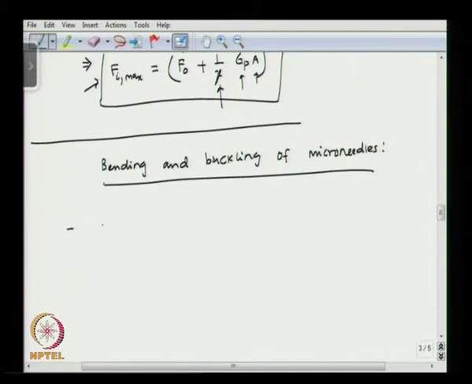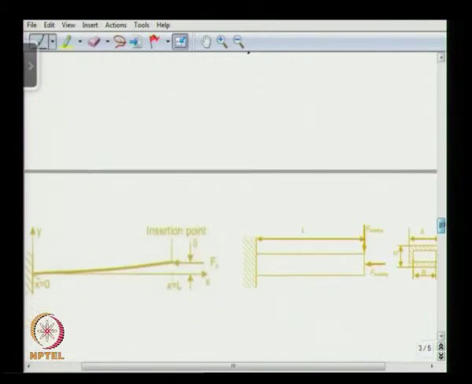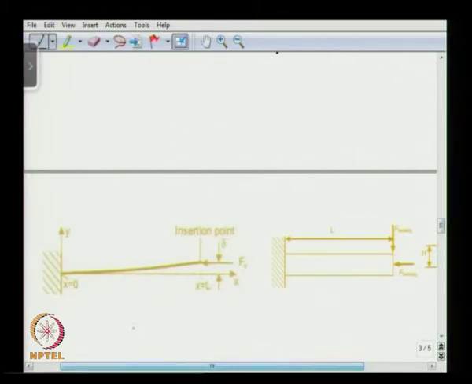So, the bending stiffness of a needle, let us call it K, is given by 3EI over L cubed. Basically, this is a cantilever type of structure.